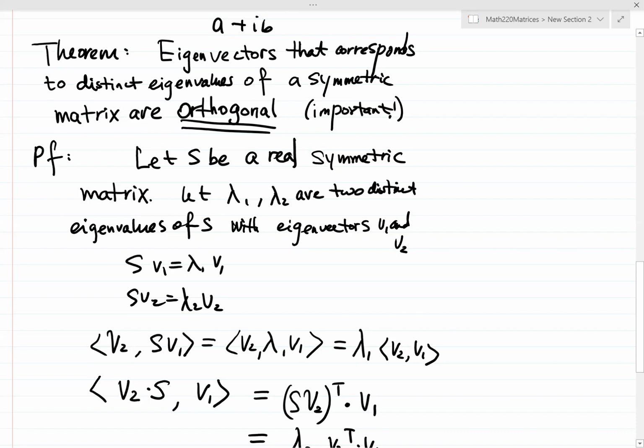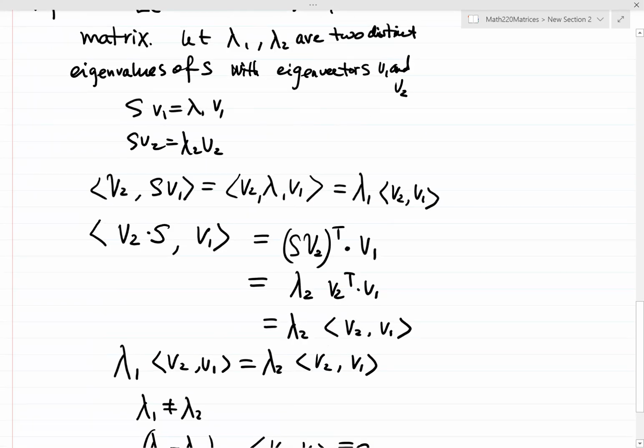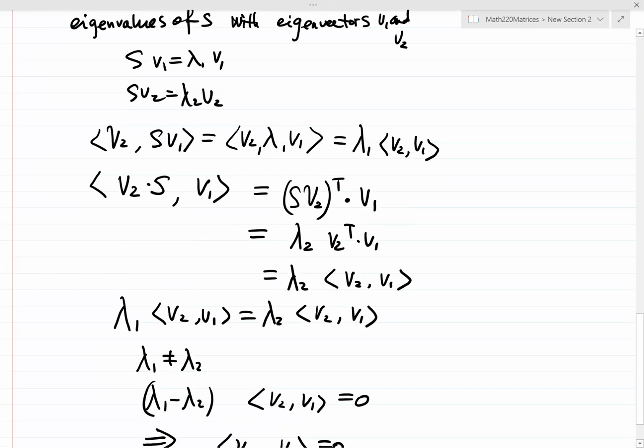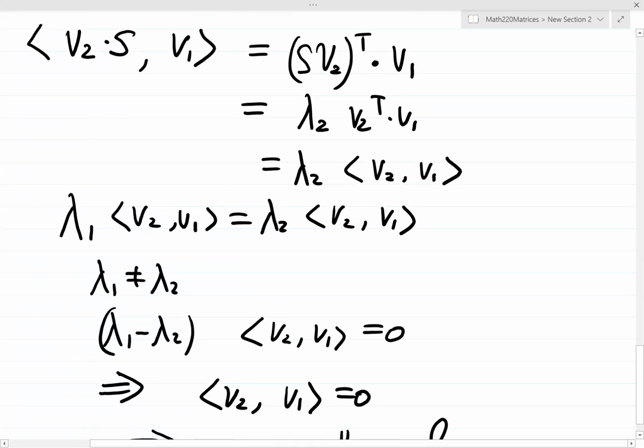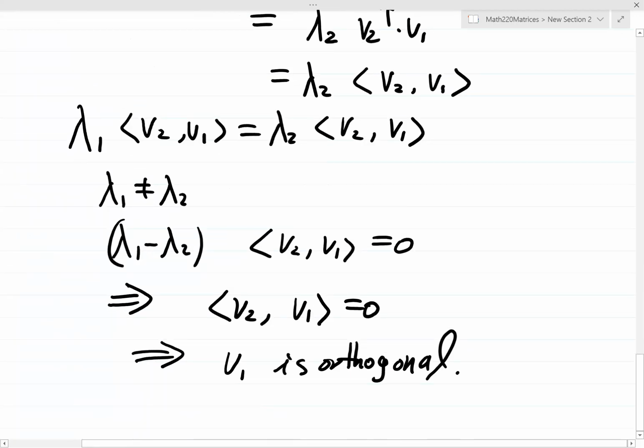And for a symmetric matrix, we can even have a stronger property. They are not just linearly independent, they are actually orthogonal. The idea is that we can define the inner product between two vectors, and we can evaluate this inner product in two ways, and we get an equation: lambda 1 times the inner product of v1 and v2 equals lambda 2 times this inner product.